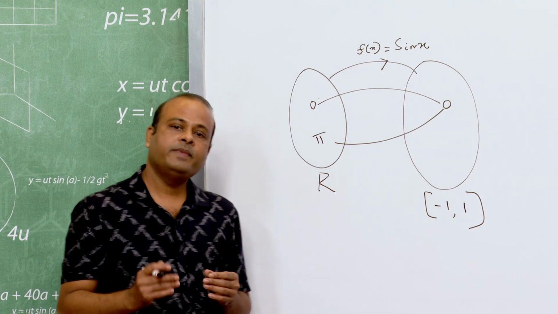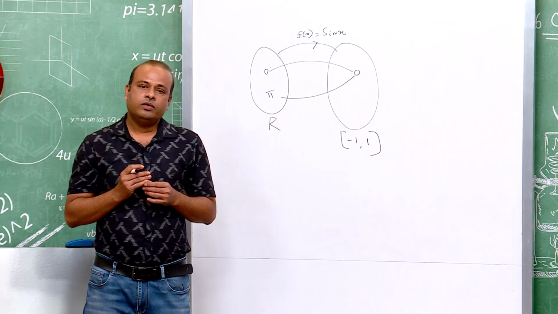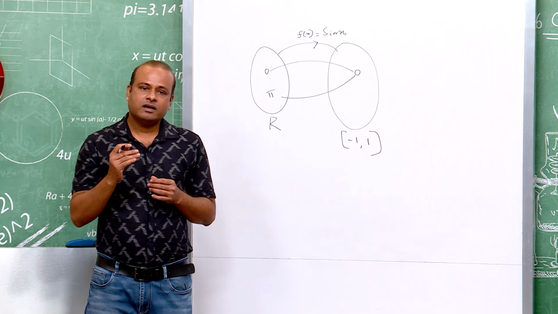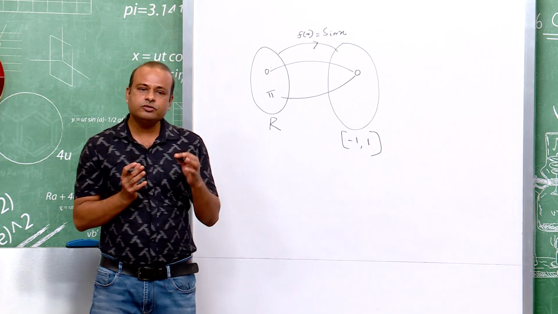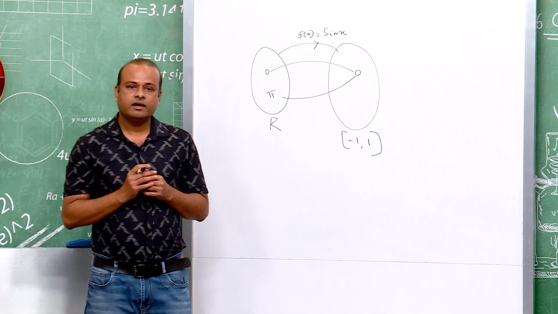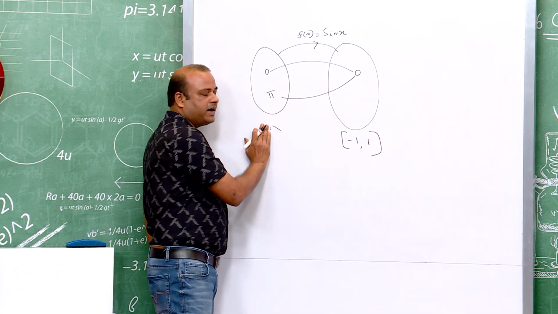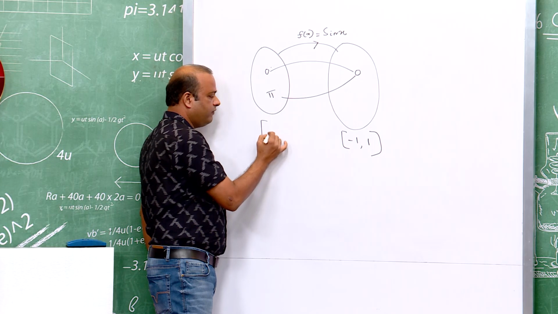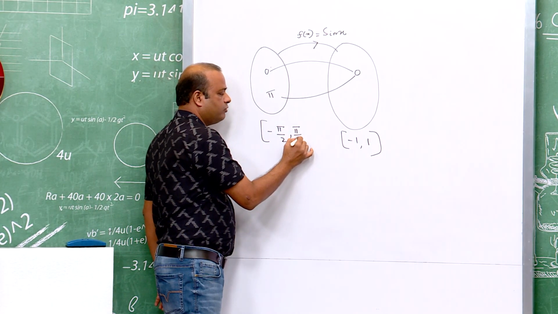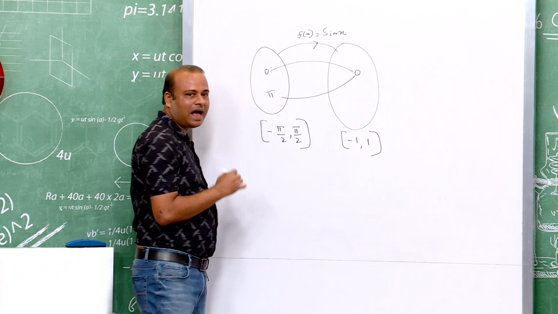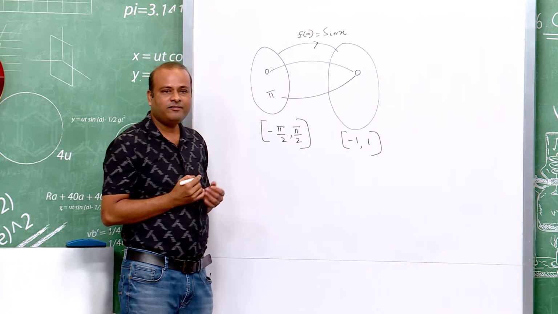So, to make the function f(x) = sin x bijective, that is one-one and onto, we have to reduce the domain from R to the closed interval minus pi by 2 to pi by 2. So, what happens?